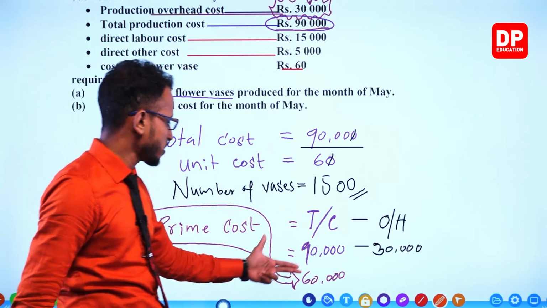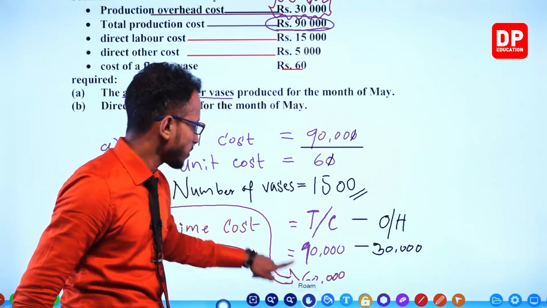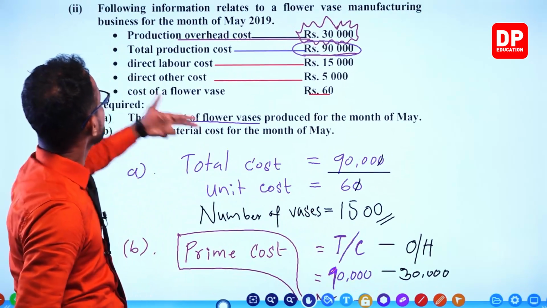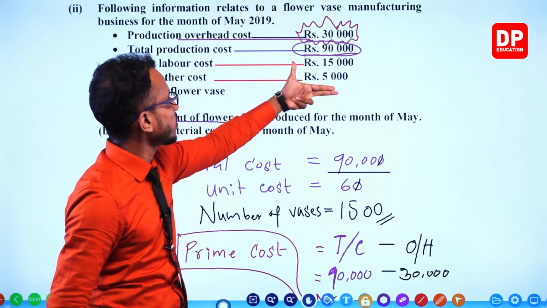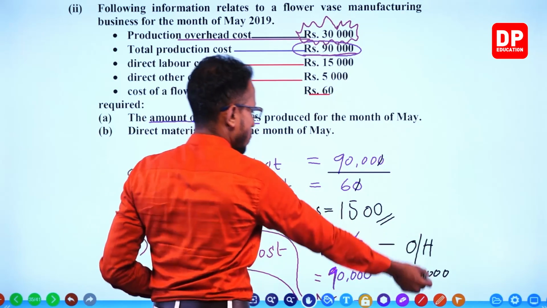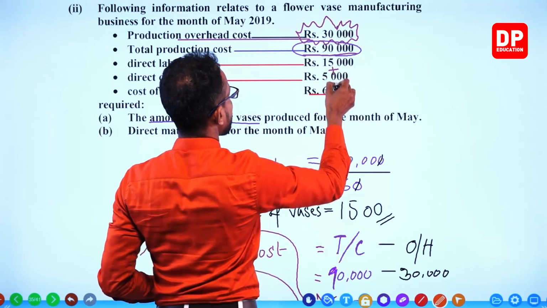If prime cost is 60,000, out of that, direct labor is 15 and direct other is 5. 15 plus 5, 20.